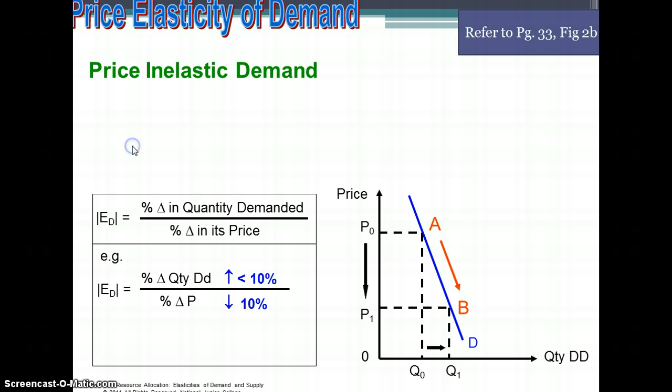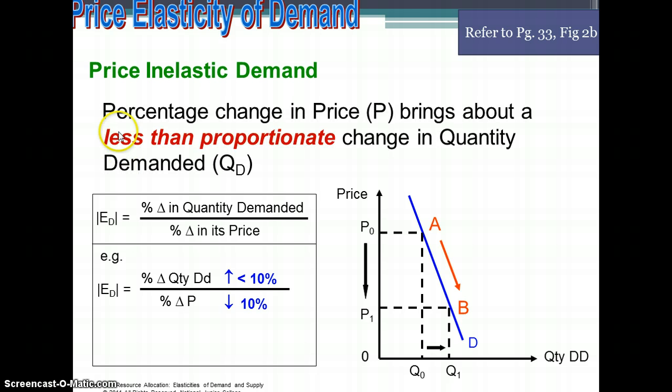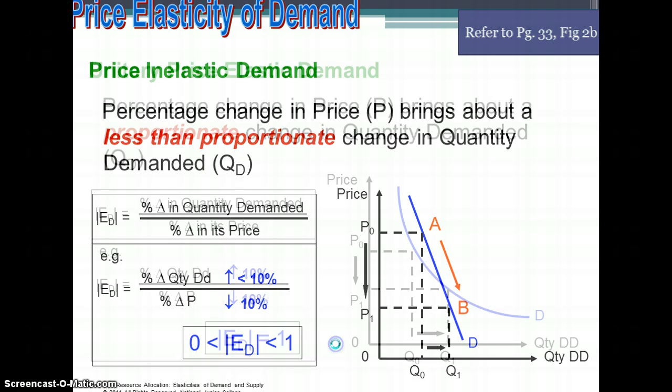So by explanation, the percentage change in the price brings about a less than proportionate change in quantity demanded. So in terms of the values, the absolute value of price elasticity of demand is in between 0 and 1. Let me repeat again. The absolute value of price elasticity of demand is in between 0 and 1.